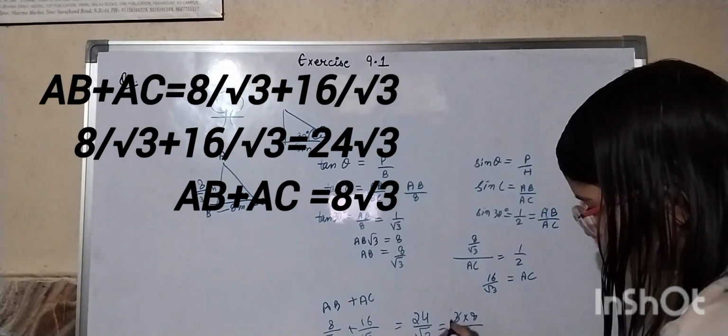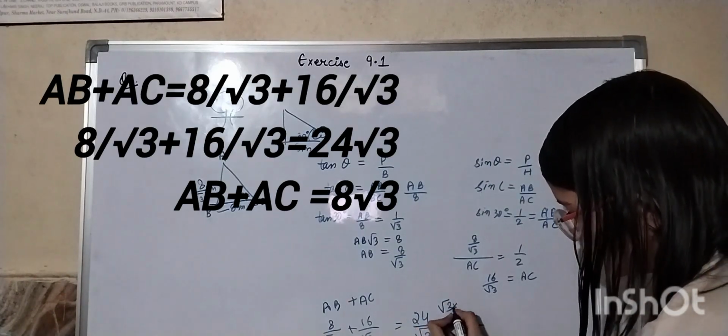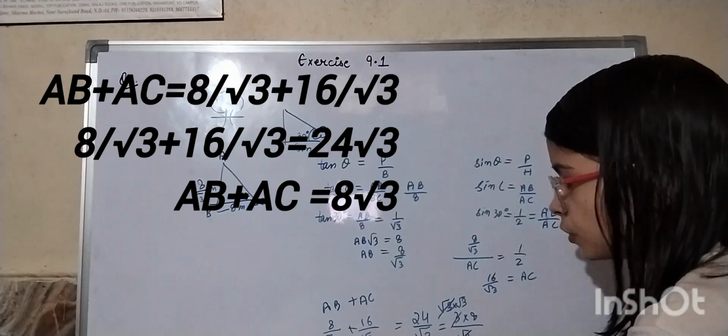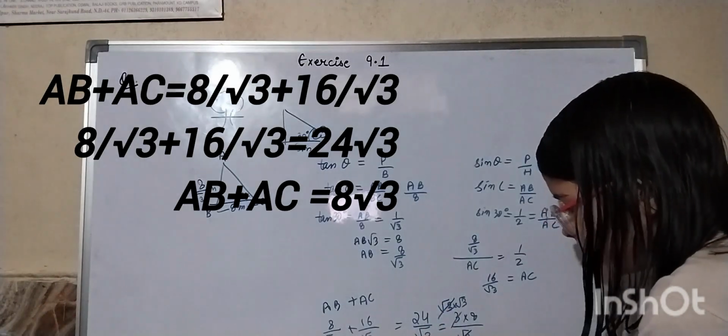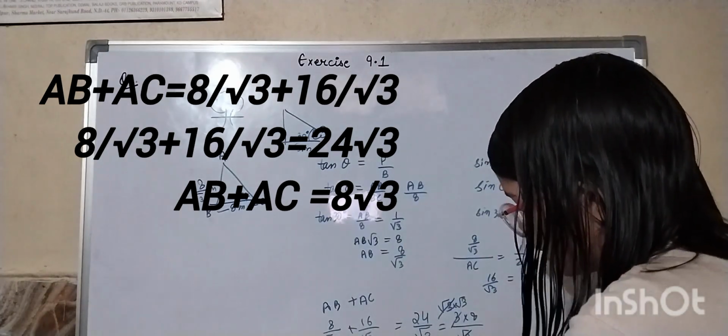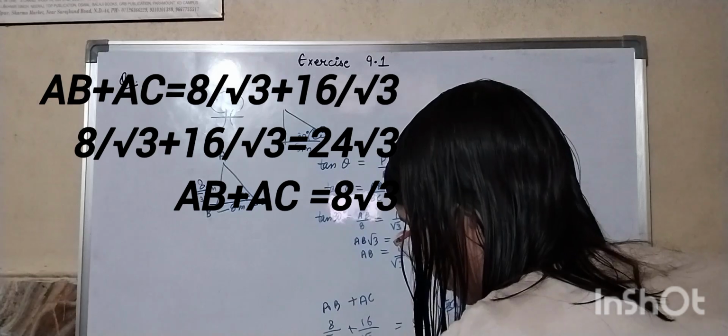Now making this into two parts, that is root 3 into root 3, one root 3 will get cancelled with the other one. So the height of the tree is actually 8 root 3. What is this? This is the height of the triangle, height of the tree.